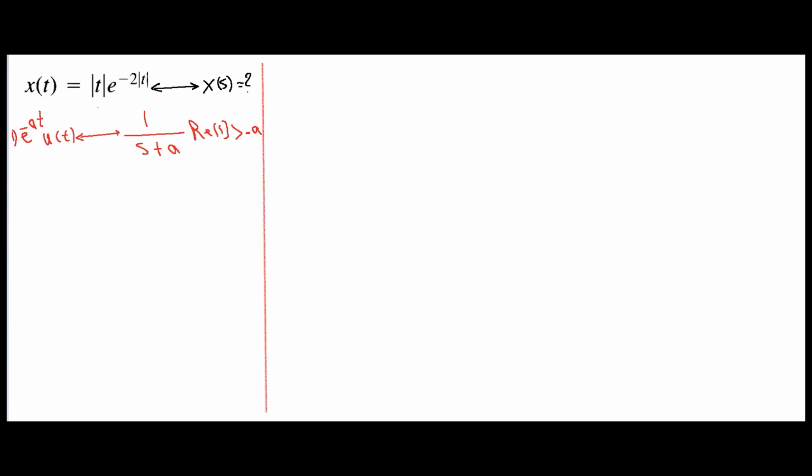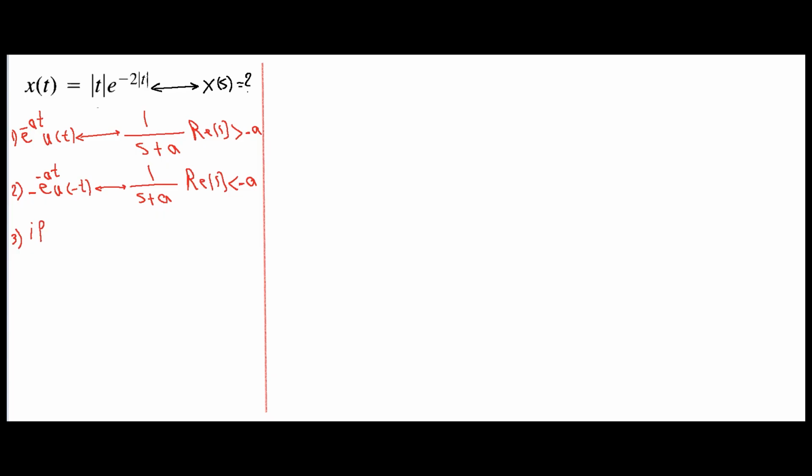Also, the Laplace transform of minus e to the power of minus at u(minus t) is again 1 divided by s plus a, but with ROC real part of s less than minus a.